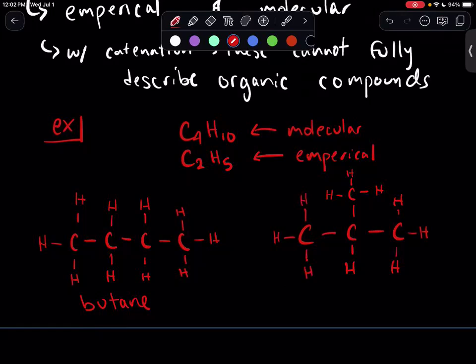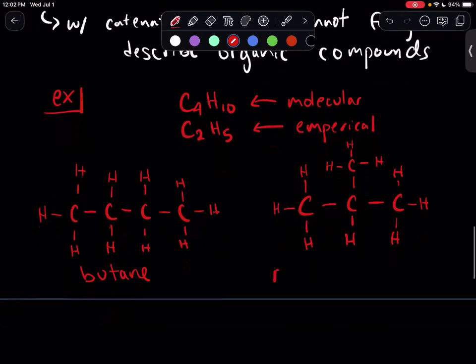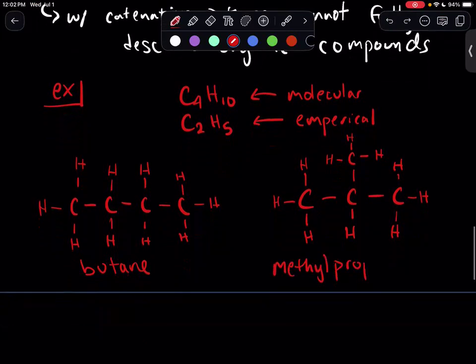But not only is this completely different, it has different properties, different chemical properties, different physical properties. And this one is called methyl propane. These names, of course, coming from the IUPAC naming system, which we'll cover in a later video.